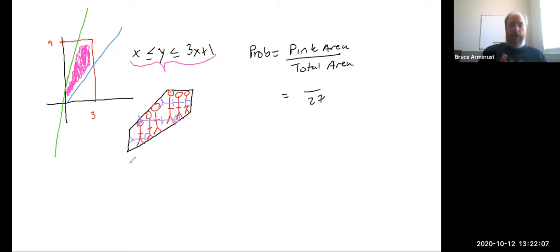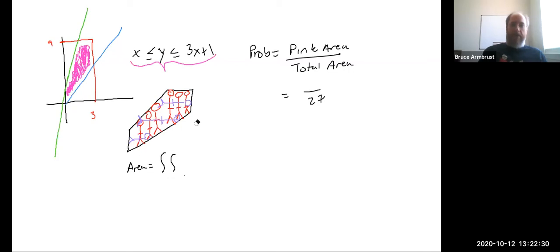Okay, so here we go. We're going to get our area then. We're going to integrate. Okay, so the first integral, his feet were on y equals 3x plus 1. Or nope, I lied. His head's on 3x plus 1.